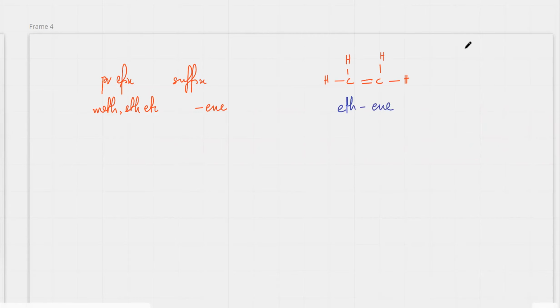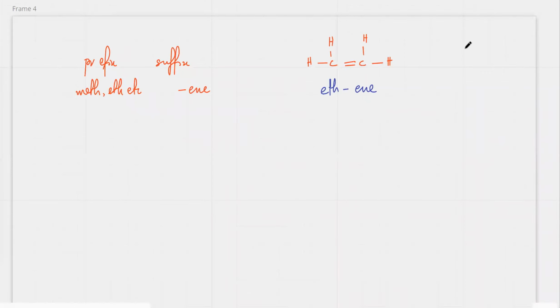There's not going to be any dash, but it's prefix and suffix. Similarly, you'll have 3 carbon atoms, and this will have 3 H's. The name of 3 carbon atoms is going to start with prop, followed by ene. So it's propene.